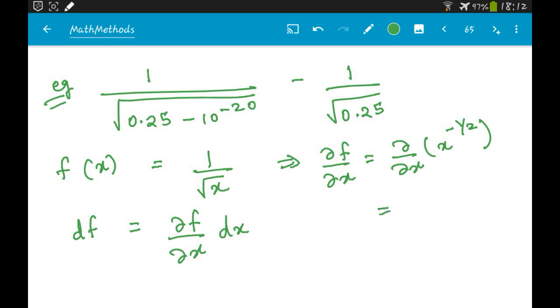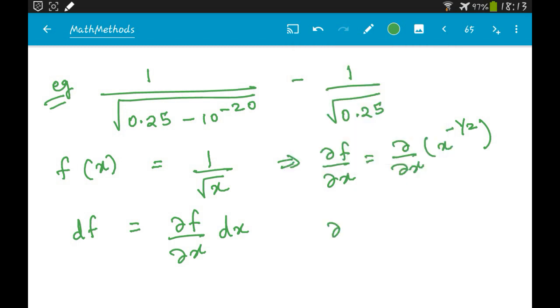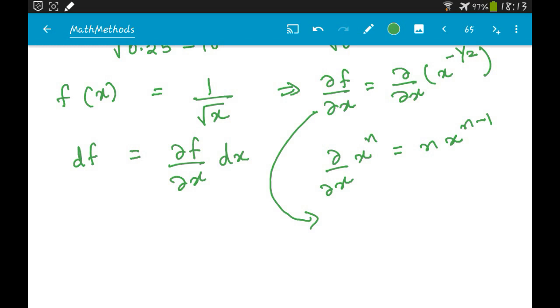So what is the formula that we have seen earlier? The formula is dou by dou x of x power n gives you n into x power n minus 1. For this case n is minus half. So we will get minus half into x power minus half minus 1.